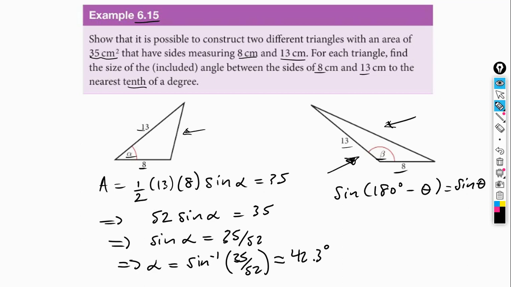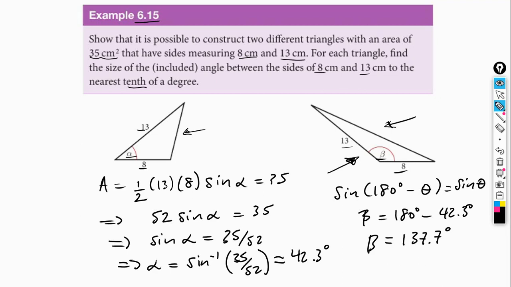So beta should equal 180 minus 42.3 degrees. And beta would then be equal to 137.7 degrees to the nearest tenth of a degree.